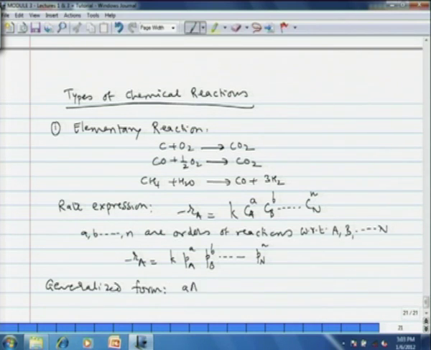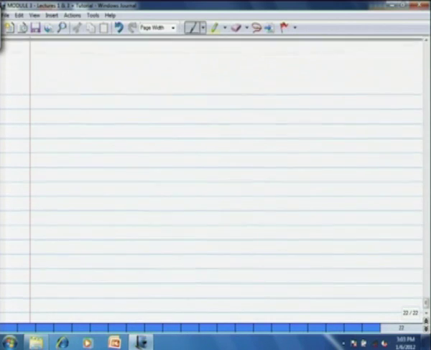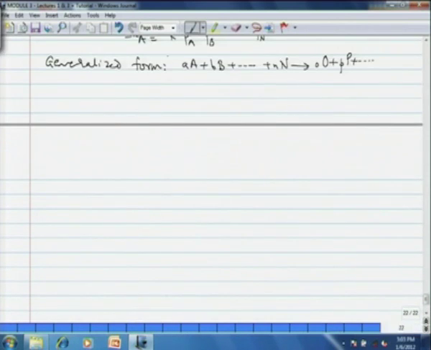as A plus B plus N giving products. I can give you a very simple example of such another reaction. Say the reaction between chlorine and oxygen gives ClO gas, which further decomposes to Cl2 and O2.